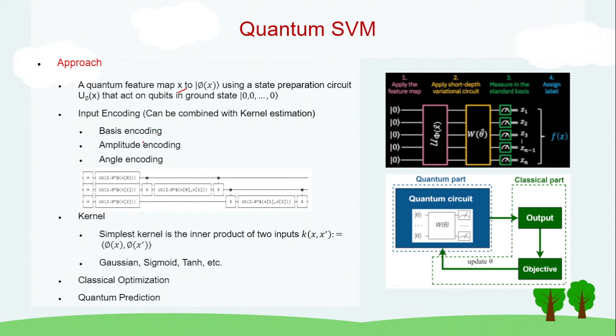But as you know, there are different ways of encoding the data, and IBM uses something called the ZZ feature map, which is nothing but taking the zero state, applying a Hadamard gate, then making use of the input data. You can see here x0, x1, x2, like that, and the number of qubits depends on the number of dimensions.